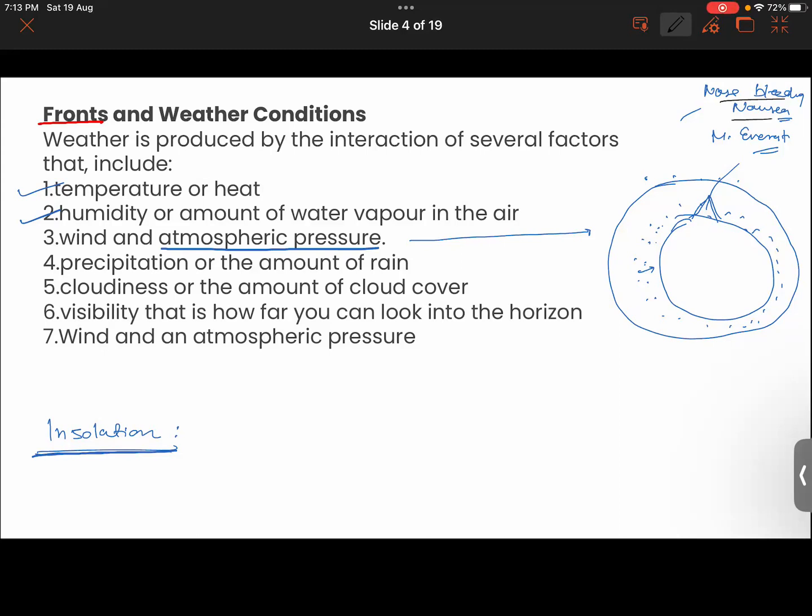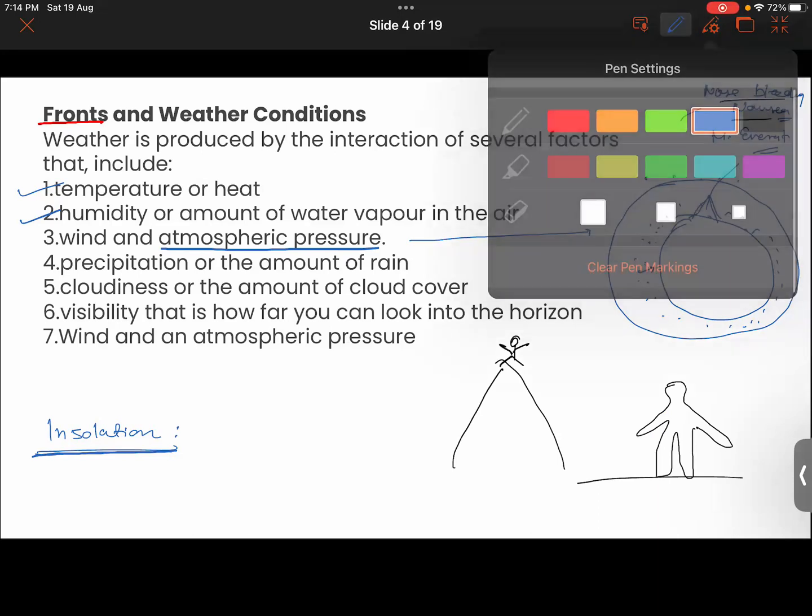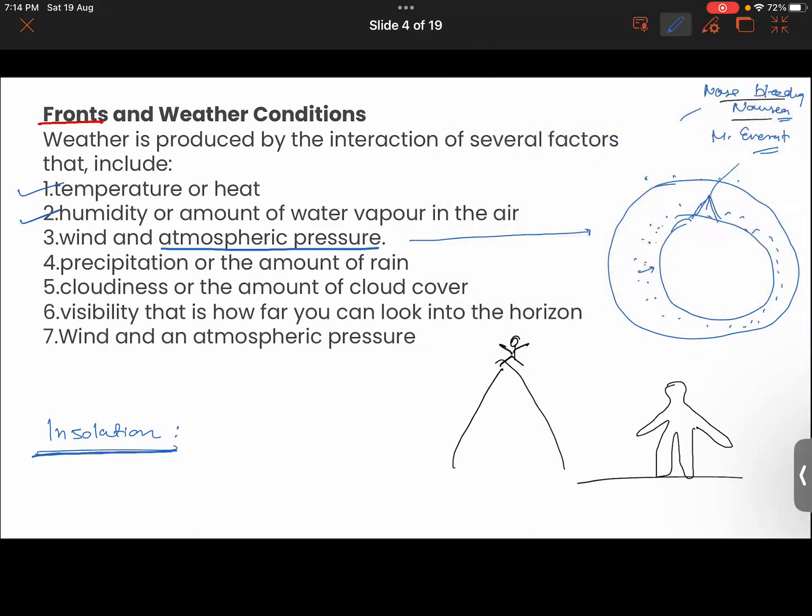Look here, what happens now? This human is standing here, not at a very high elevation, and there's another person standing here. We are also surrounded by the atmosphere, the air molecules. How much air is exerting pressure on our body?